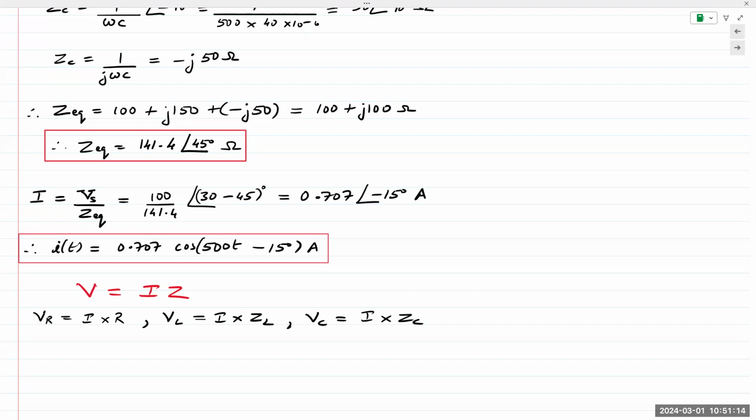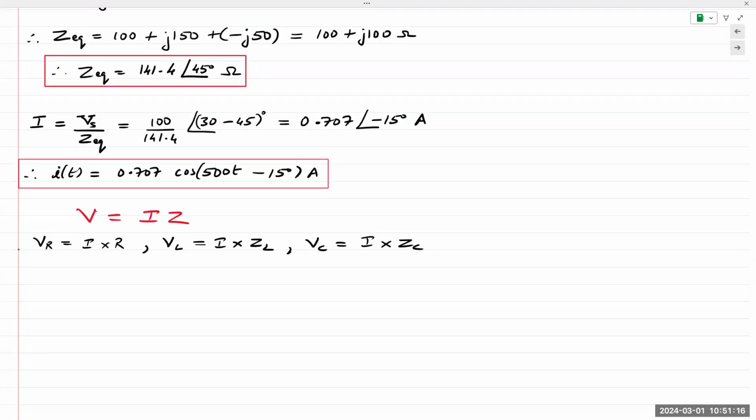I'll give you the answers right now. VR, phasor for VR, is 70.7 with a phase angle of minus 15. As a function of time, it would be 70.7 cos of 500t minus 15 degrees volts.